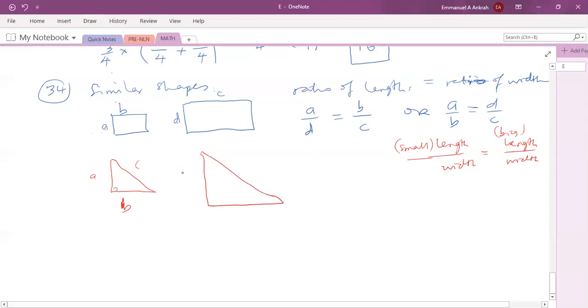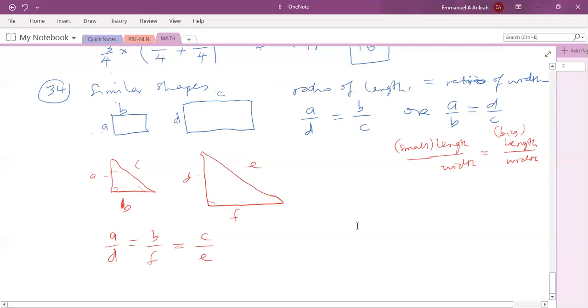If this is D, E, and F, then the ratio of the corresponding sides A to D should be the same as the ratio of B to F, and this is the same as the ratio of C to E. They should be the same, so you can use the proportion to solve the missing side.